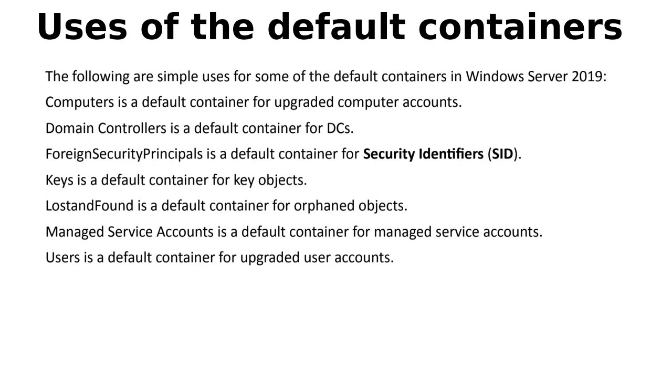You cannot delete them. Lost and found is a default container for orphaned objects. Managed service accounts is a default container for managed service accounts. Users is a default container for upgraded user accounts.